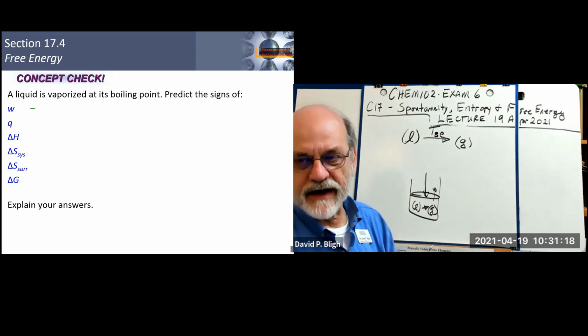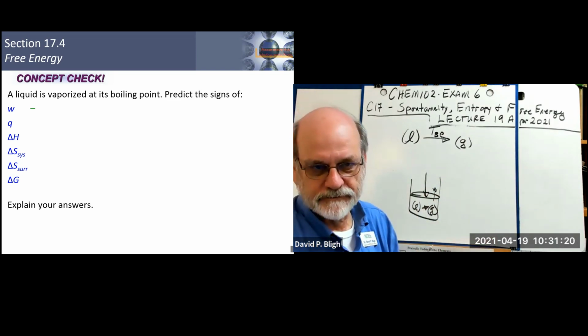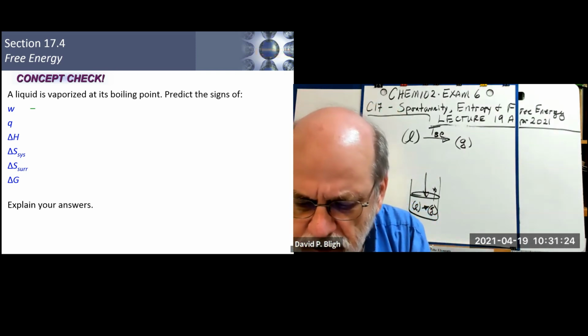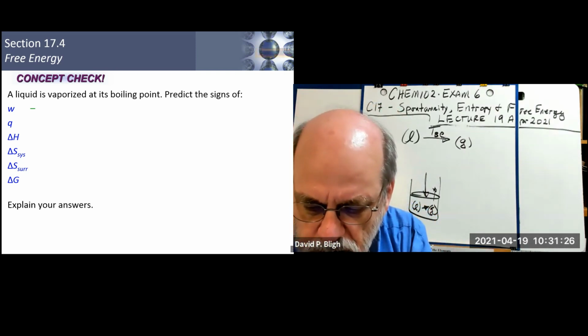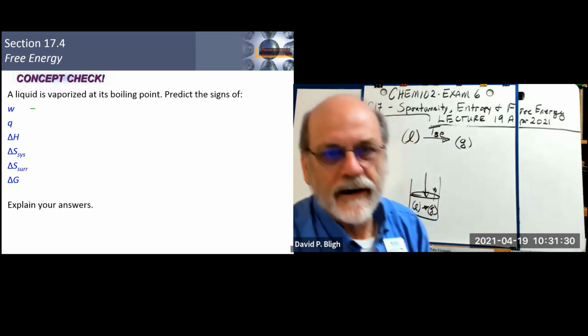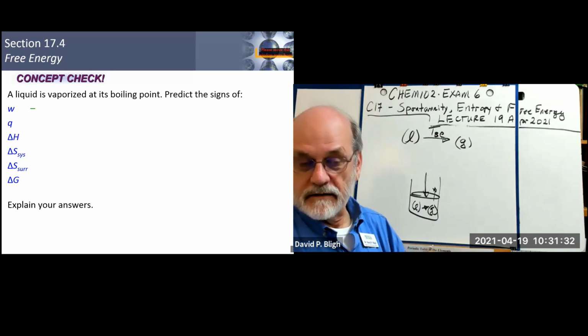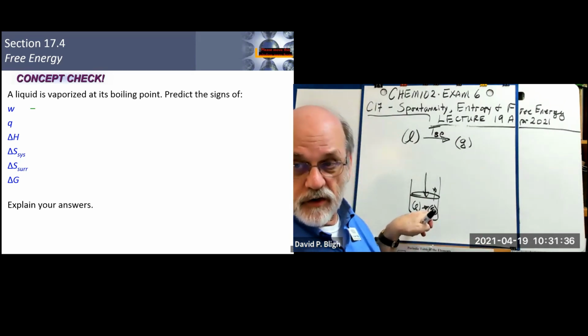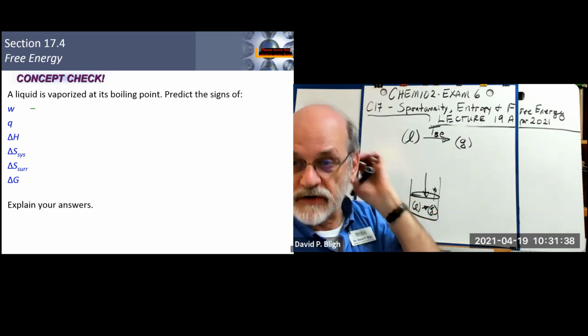We should have specified also it's constant pressure. I need to do that too. Let me make that note for myself. Constant pressure. Okay, then the convention is the system inside here is doing work on its surroundings. So W is negative.